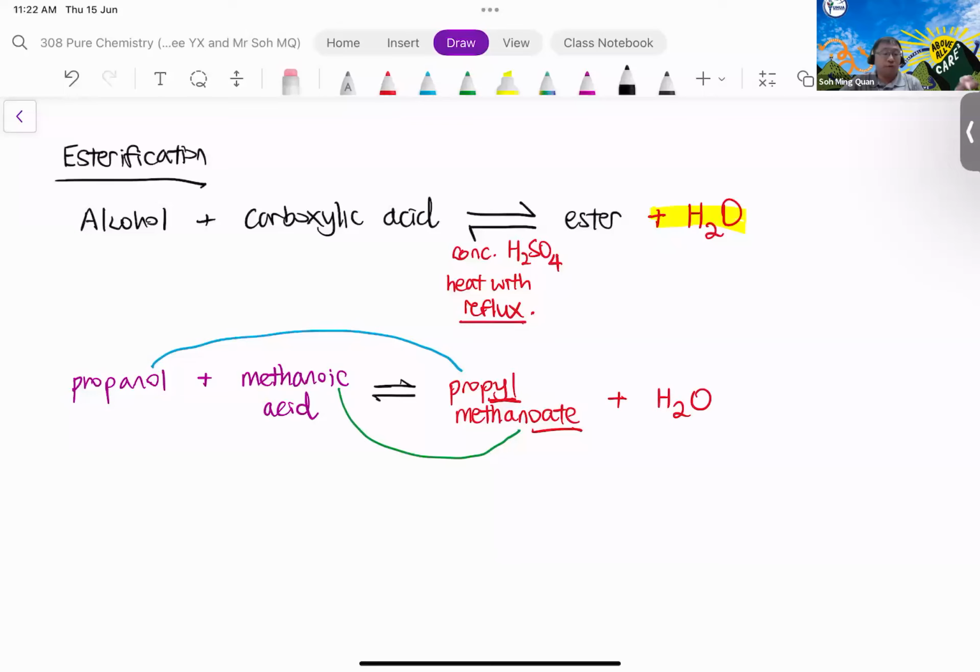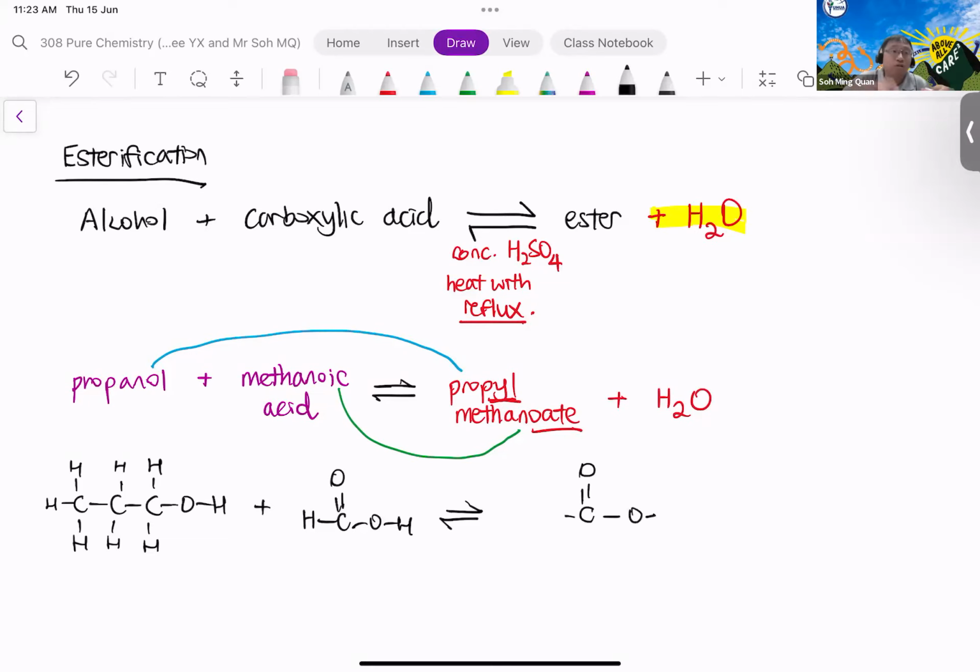Now, in terms of drawing the structure, propanol. Let's assume it's propan-1-ol. We are going to use propan-1-ol as an example. I know there's another isomer, but we're not going to talk about the other isomer. So how do you draw the ester? Now, the ester linkage contains this.